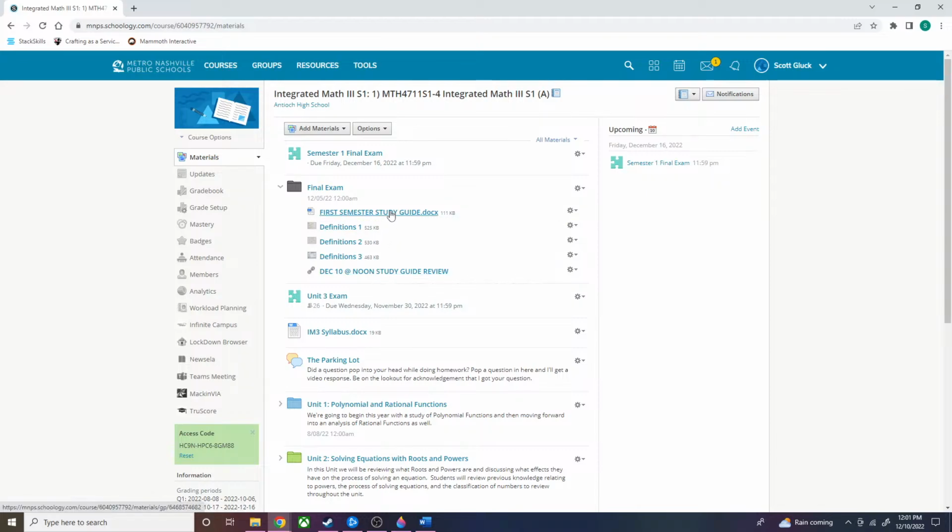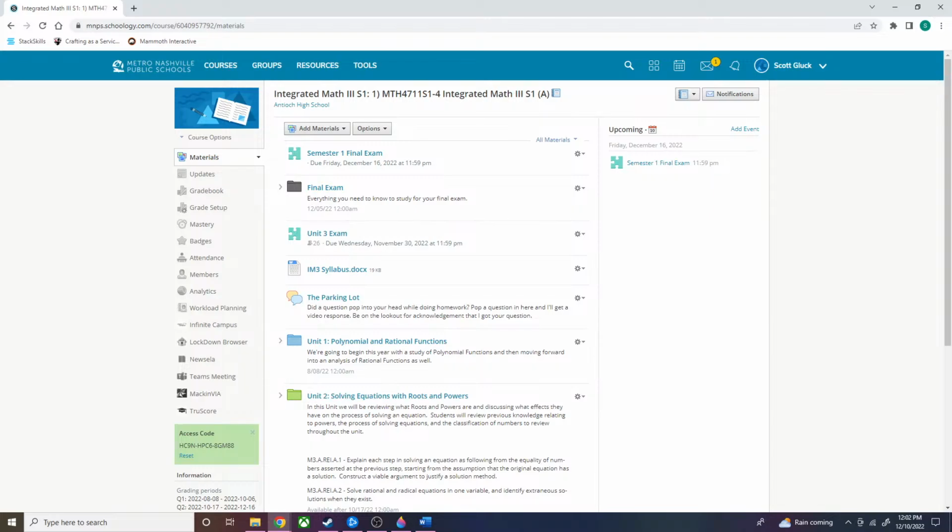It has the study guide, but then it has these three definitions pictures here. These are literally pictures of the whiteboards and the Promethean from class. So you guys can copy the definitions from there so that you have all those definitions from page one. Today, what I want to be focusing on is actually the practice problems rather than the definitions and everything.